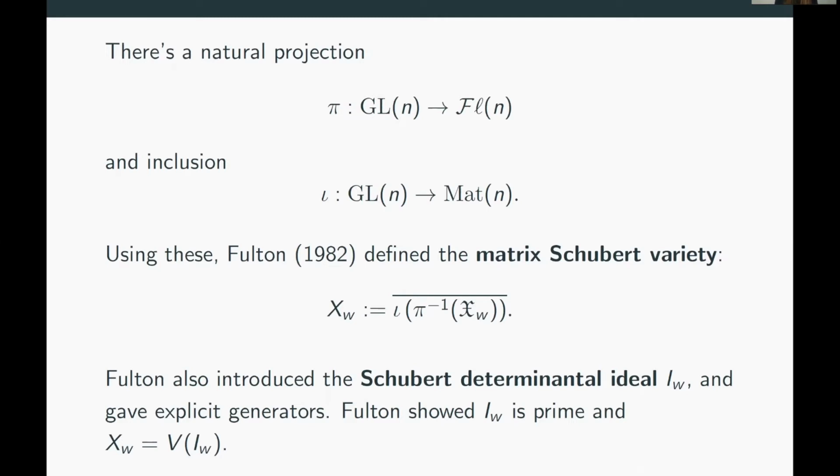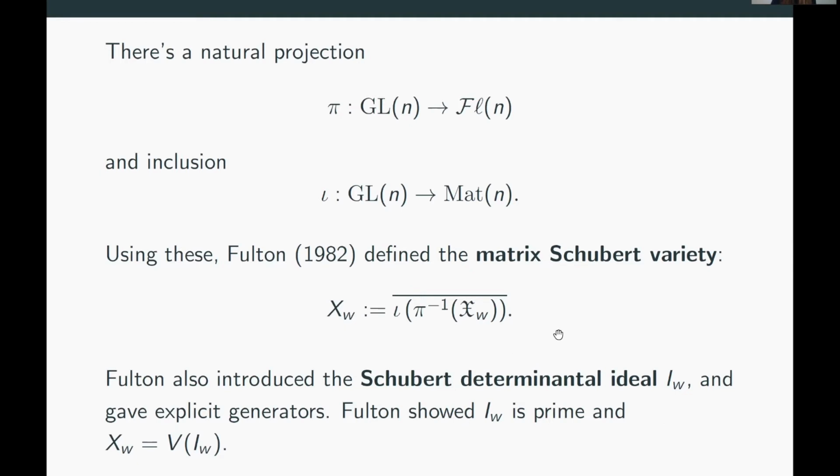And so, very formally, you can define the matrix Schubert variety as the closure of the inclusion of the pullback of the Schubert variety from the complete flag variety. So you take the Schubert variety, you pull it back along this projection map, you include it into the space of n by n matrices, take the closure, and you get some algebraic variety.